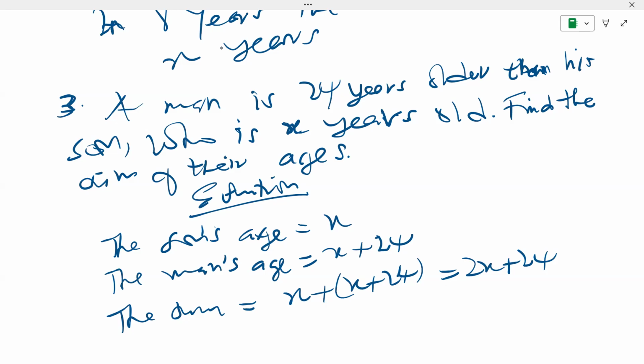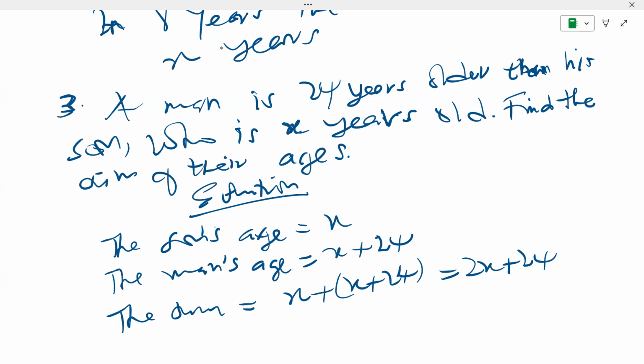So let's go through it again. A man is 24 years older than his son, who is x years old. Find the sum of their ages. First we write the son's age, and the son's age is x from the question. Then the man's age we're told is 24 years older than his son. Since the son is x years old now, plus 24 will give us the man's age, so x plus 24.